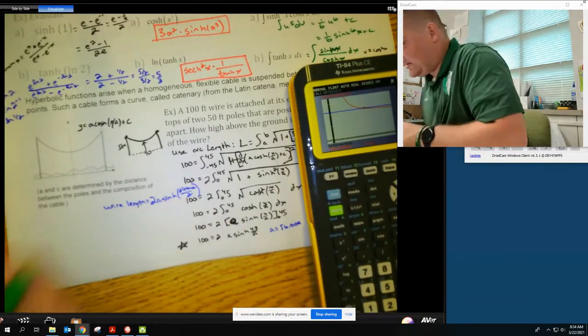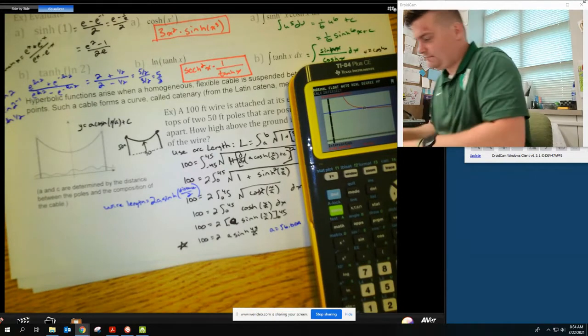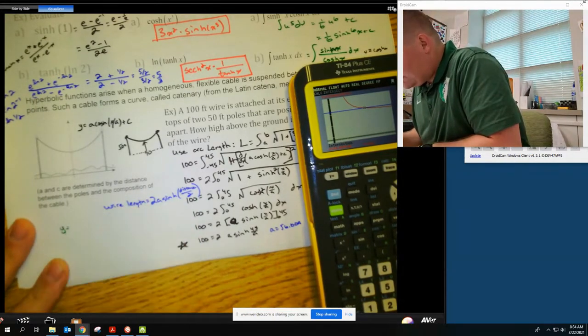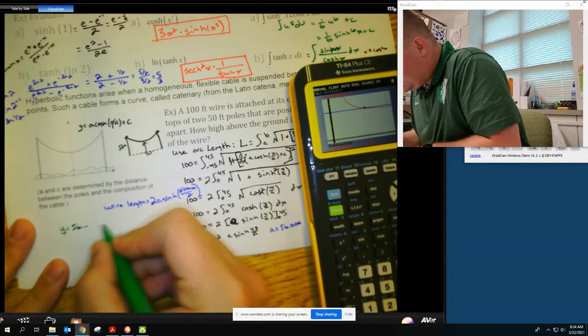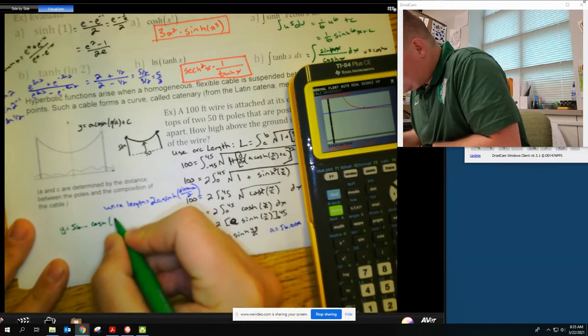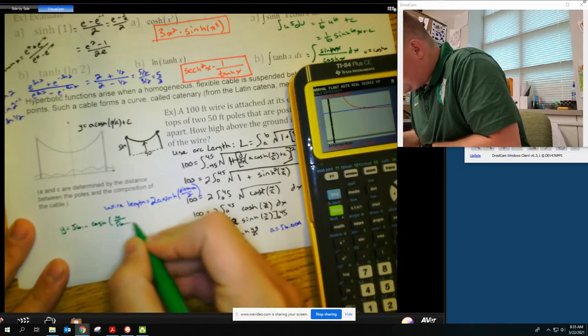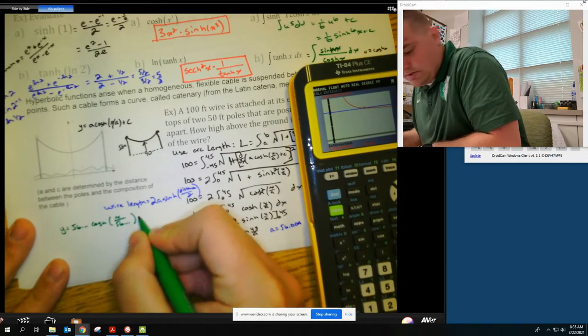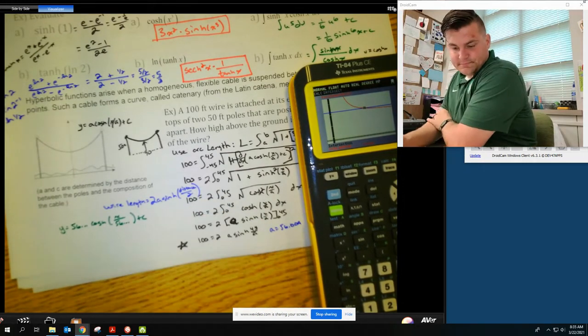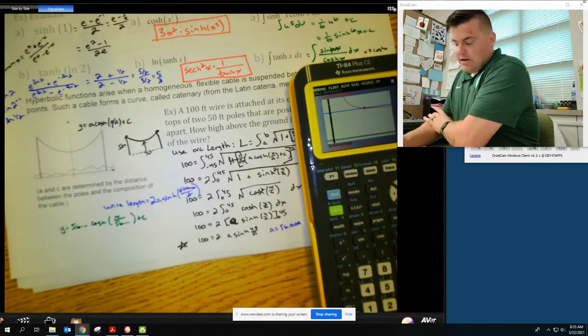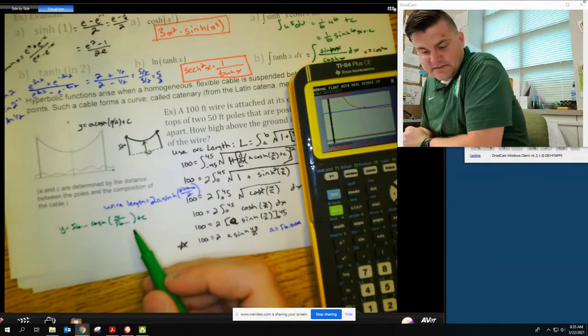So I'm going to have that y equals this 56 number cosh x over that 56 number plus c. And what I want to do now is solve for this c value.